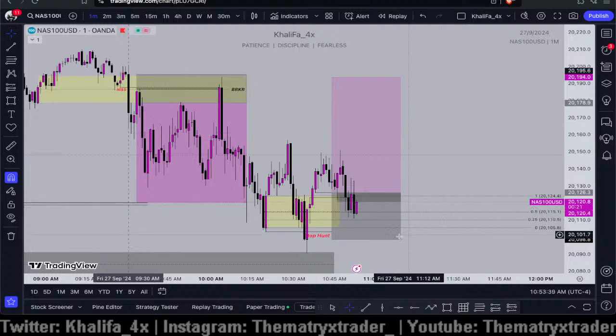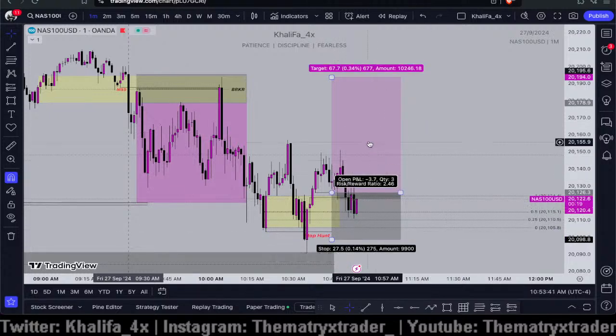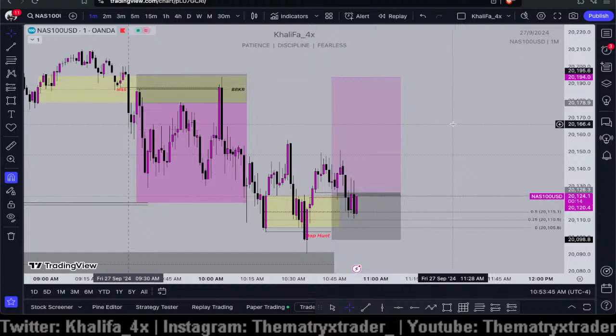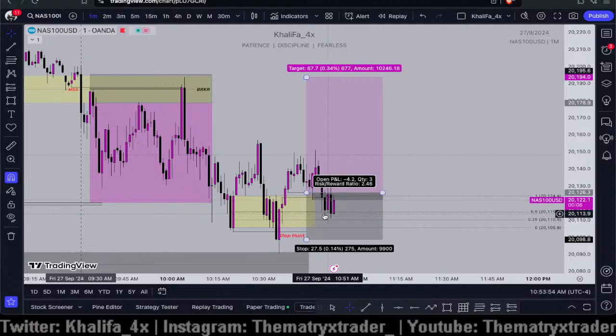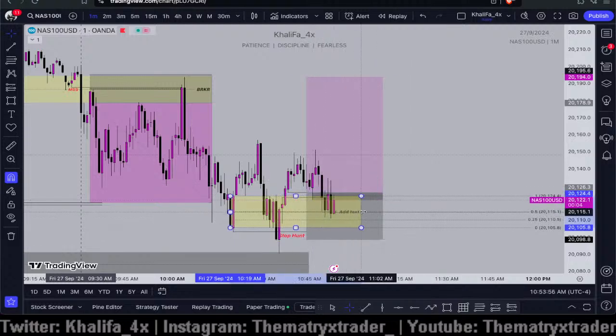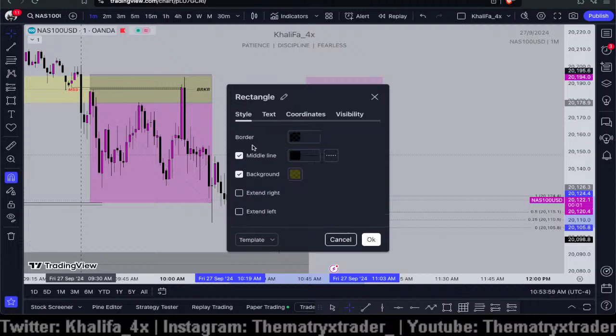If this stop hunt becomes invalid, our trade becomes invalid as well, because we are in this breaker block.